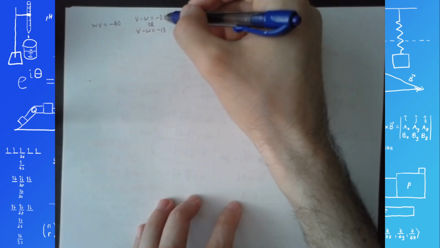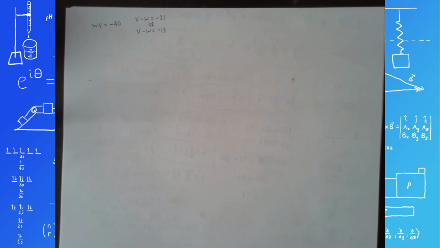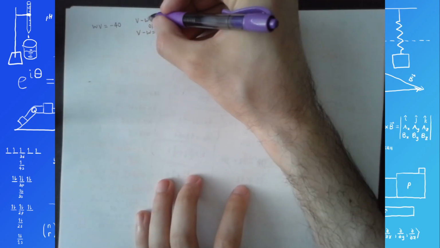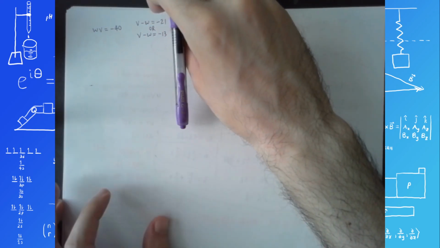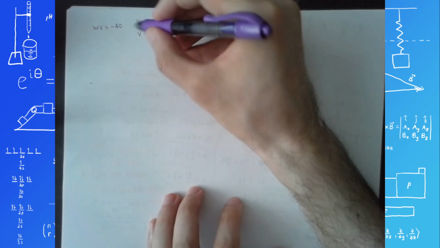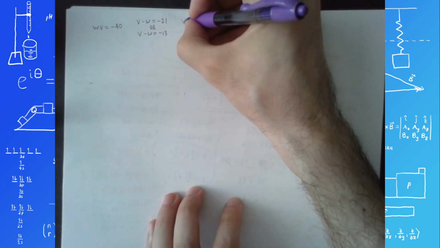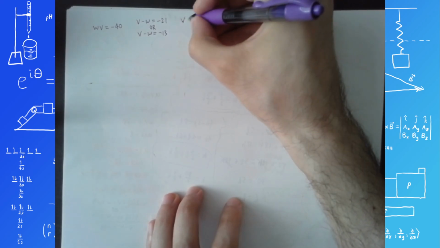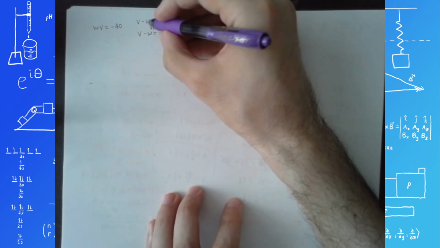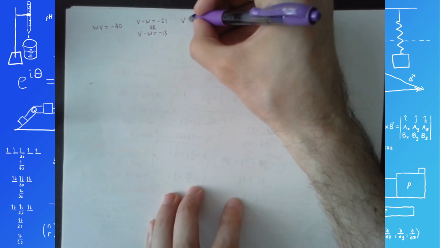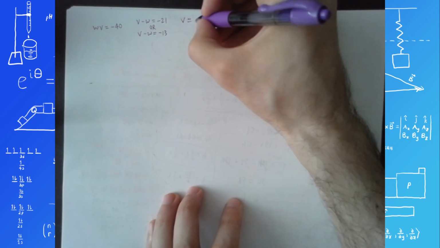All right, let's try the first route. How about we do this color? I'm going to solve for v and say v equals, add w to both sides, w minus 21.